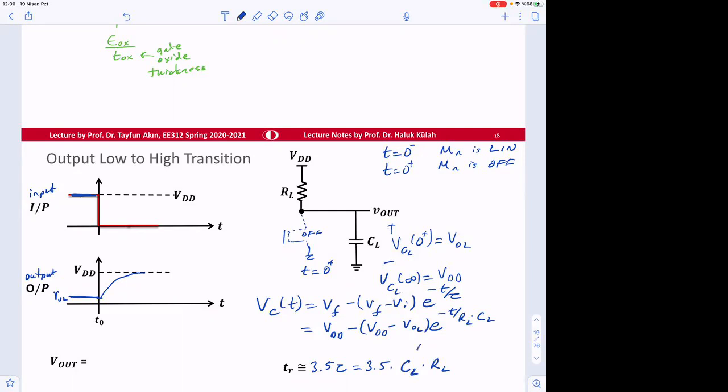And then this CL is equal to N times C gate that we calculated.